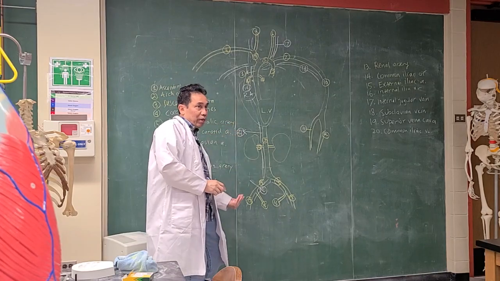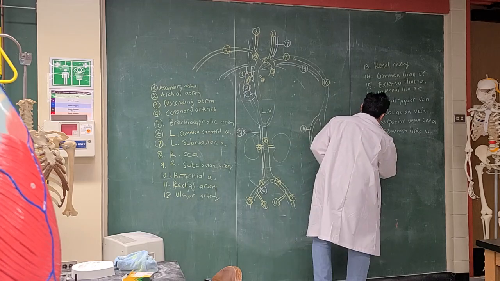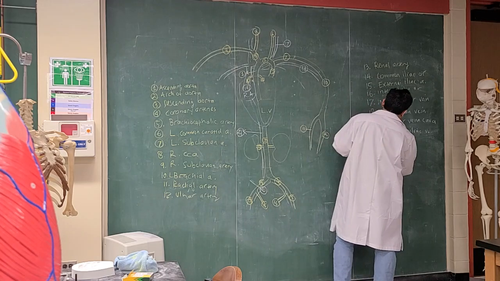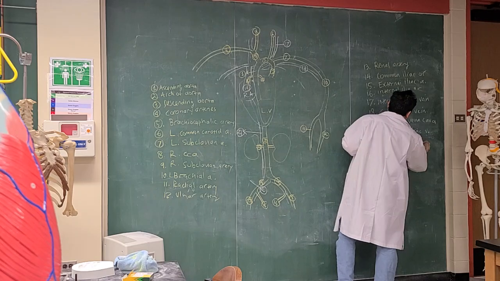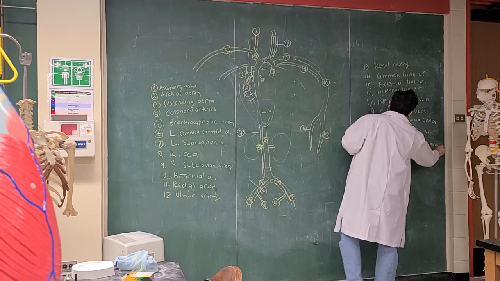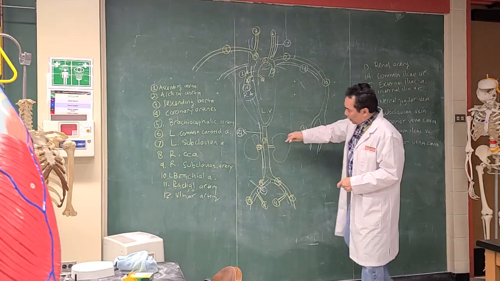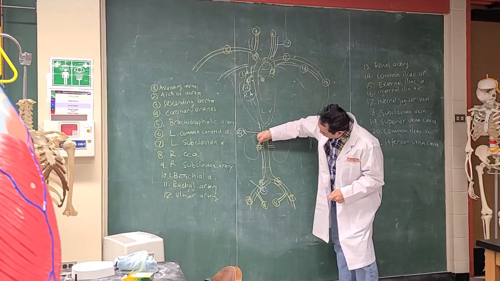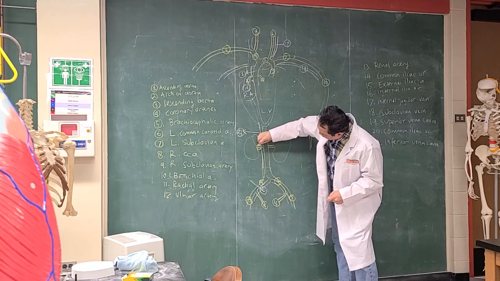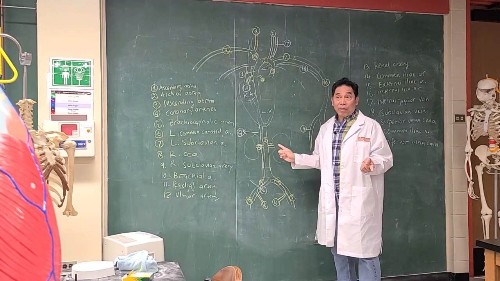It's coming from the inferior body. That's going to be called the inferior vena cava. Now, this one, the inferior vena cava, also receives the blood from, let's say, the kidney or other organs.